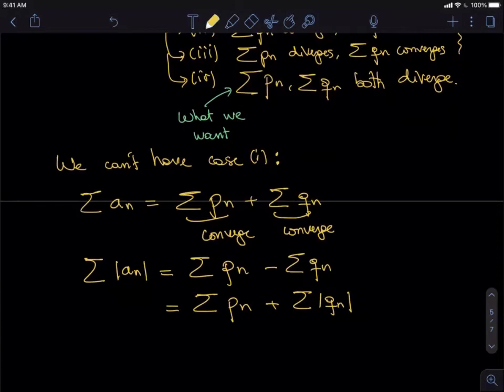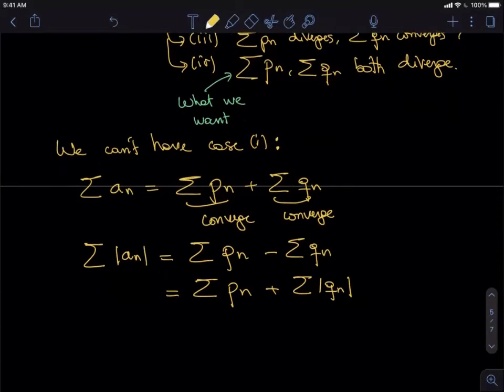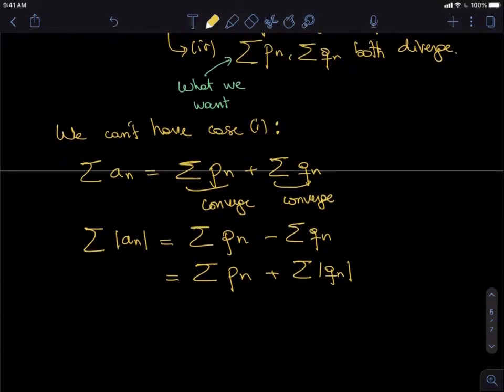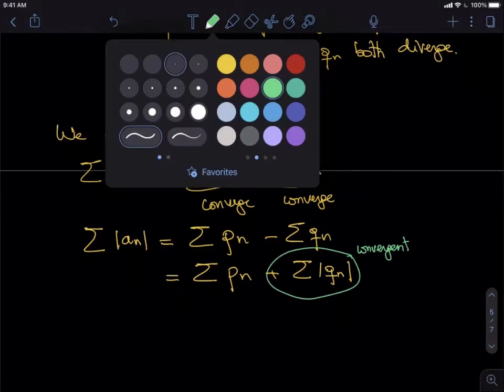But because the sum of the Qn converges, then minus that sum also converges, and then the sum of the absolute values also converges.